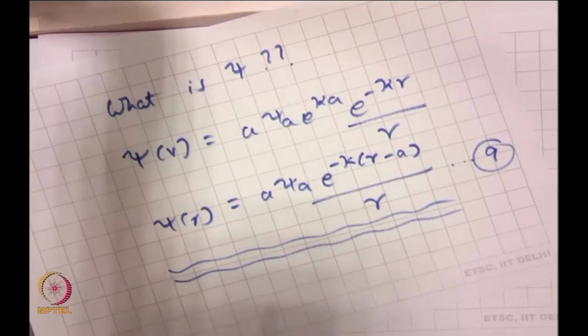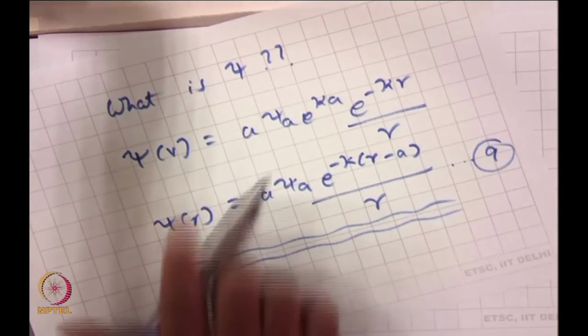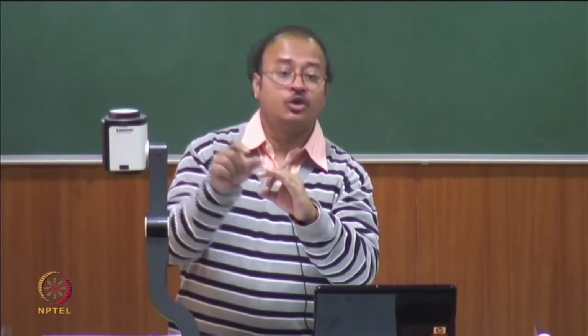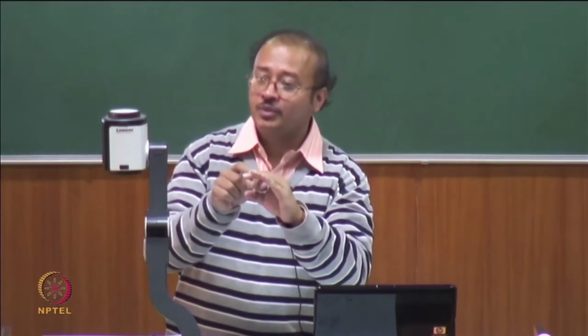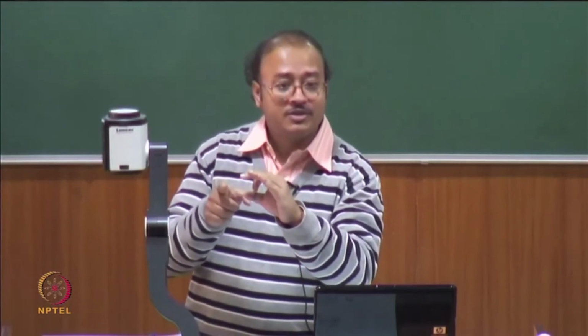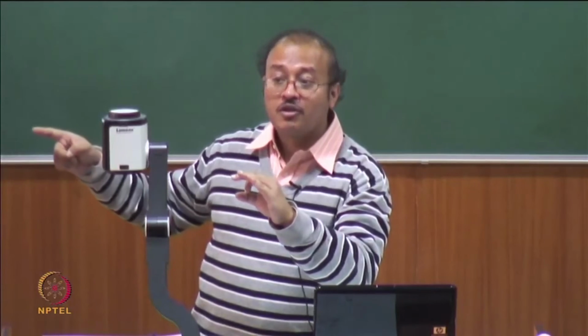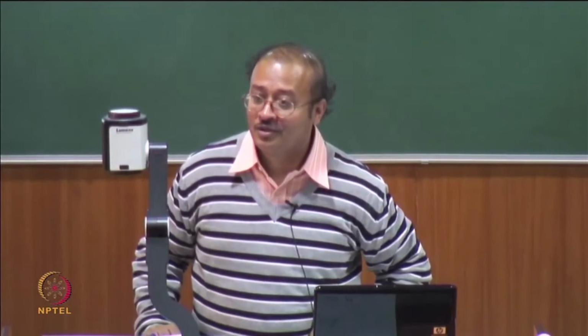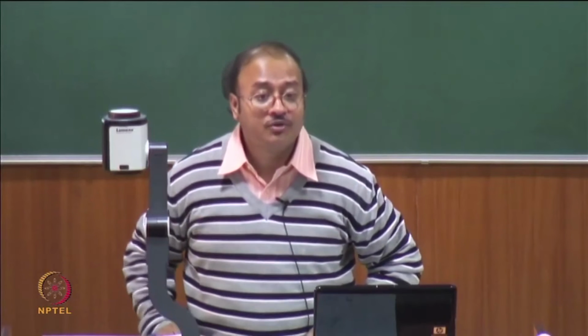What does r minus a mean? Obviously, between 0 to a you cannot cover because then you are inside the protein. So r minus a means how far you are moving out from the surface of the protein. And how is the charge distribution now varying?